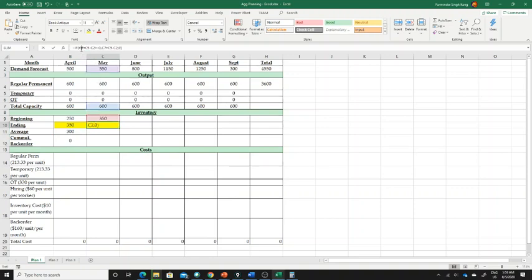So let me just double click on this formula. So we have C7, which is the total capacity, plus C9, which is the beginning inventory, minus C2, which is the demand for May, and minus the back order from the previous month.